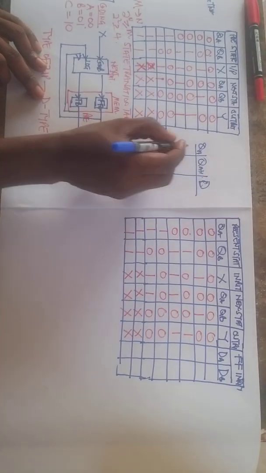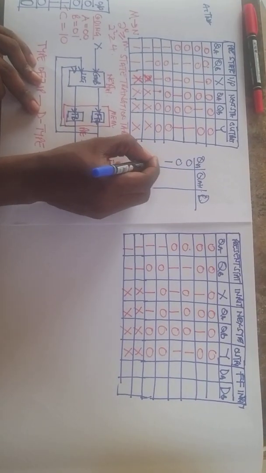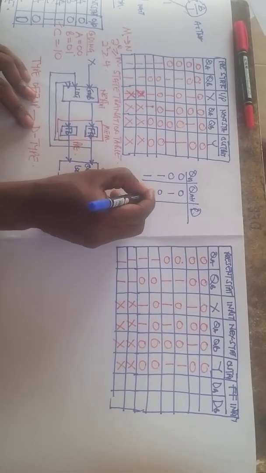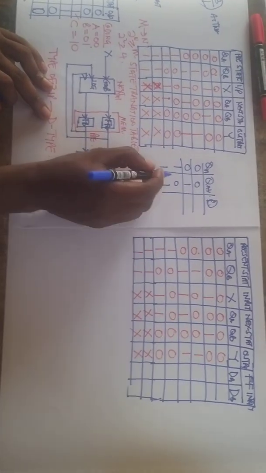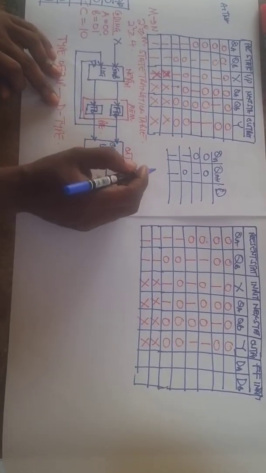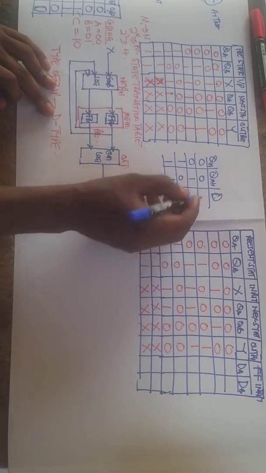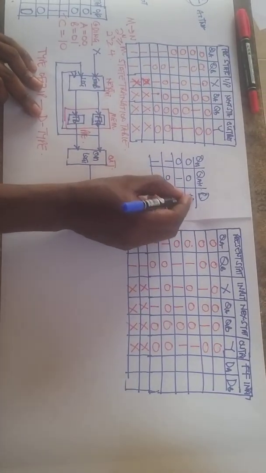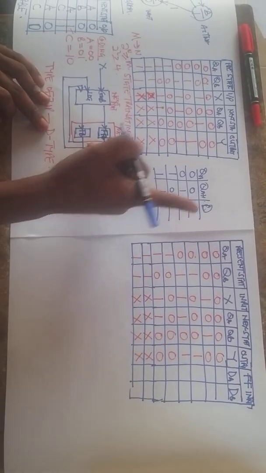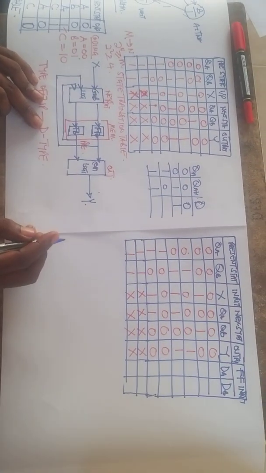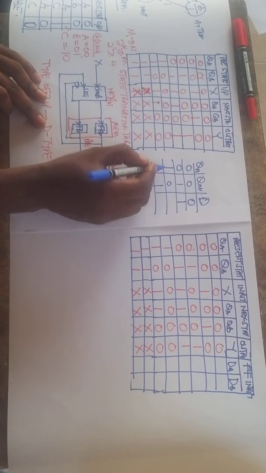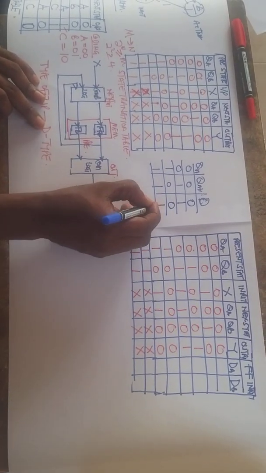So this is my D. For a D flip-flop, when the present state is 0 and the next state is 0, D is 0. When the next state is 1, the D input is 1. Whatever D is, is what moves in. So here will be 0 and here will be 1.